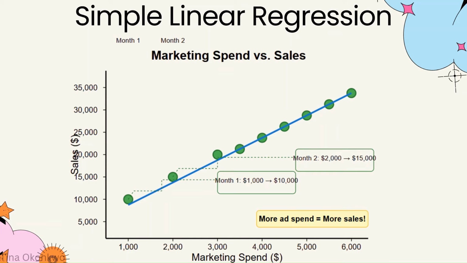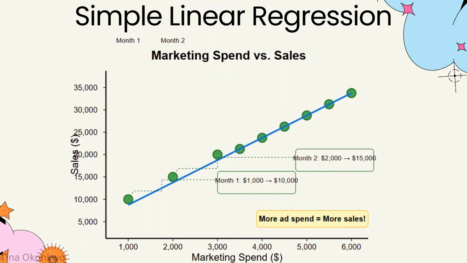Imagine you own a small business and you want to predict how much your sales will increase if you increase your ad spend. You gather data over the last few months. For month one, you spent $1,000 on ads and made $10,000 in sales. For month two, you spent $2,000 and made $15,000, and so on. You plot this data on a graph and you will see that as your ad spend increases, so does your sales.